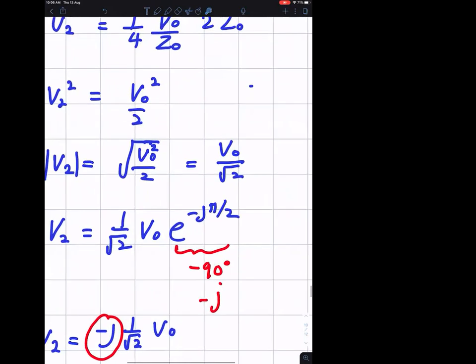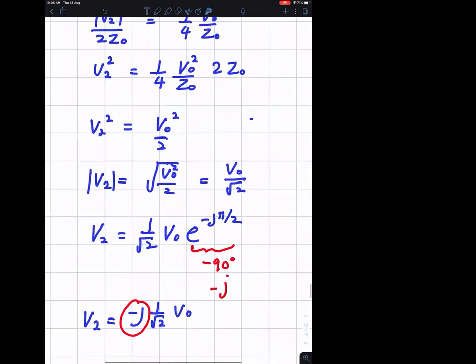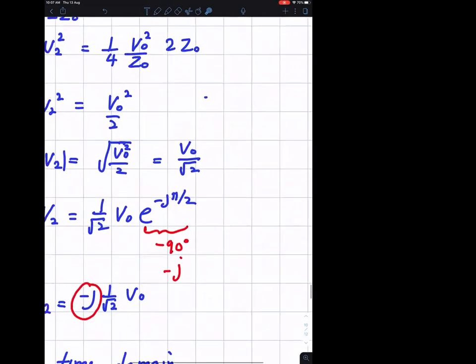So that is the amplitude of the voltage, when you solve it. But this voltage at the output will have a phase shift of minus 90 degrees, which is also the same as minus j, which is also the same as e to the minus j pi over 2.